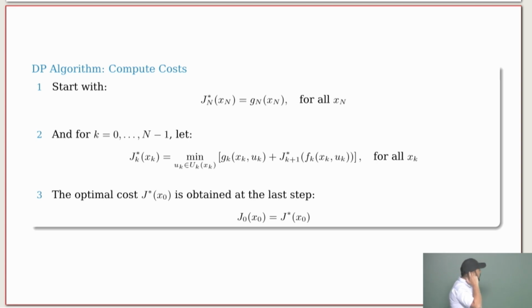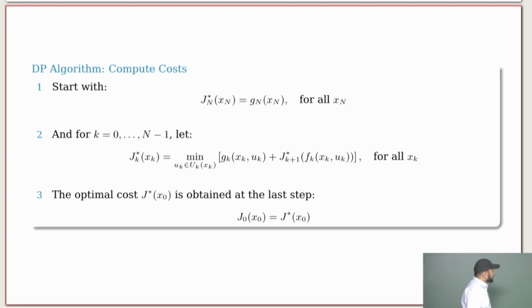And then the optimal cost, or the final cost, is J0, which is where we end, having started backwards from n. This is the accumulated cost, so J0 is the accumulated cost from n to 0. This is our total cost going from 0 to n.